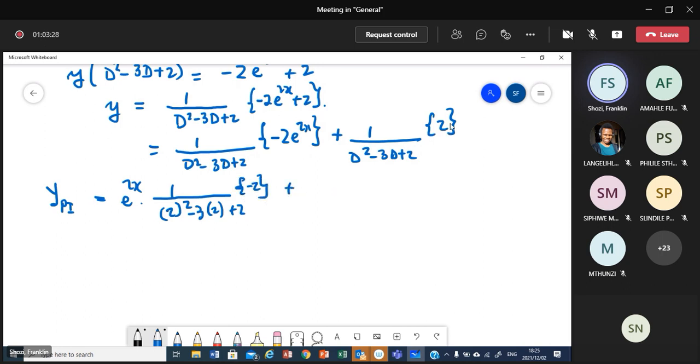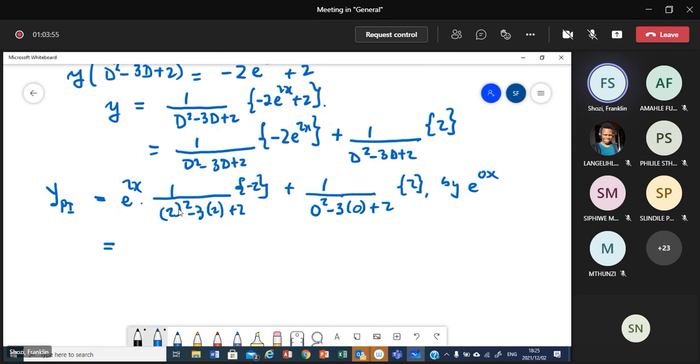Plus, now this is a constant here. No theorem to use, but we use one of the cases. So introduce e to the power 0x. So it's 1 over 0 squared minus 3 times 0 plus 2, action on 2, that is by e to the power 0x here.